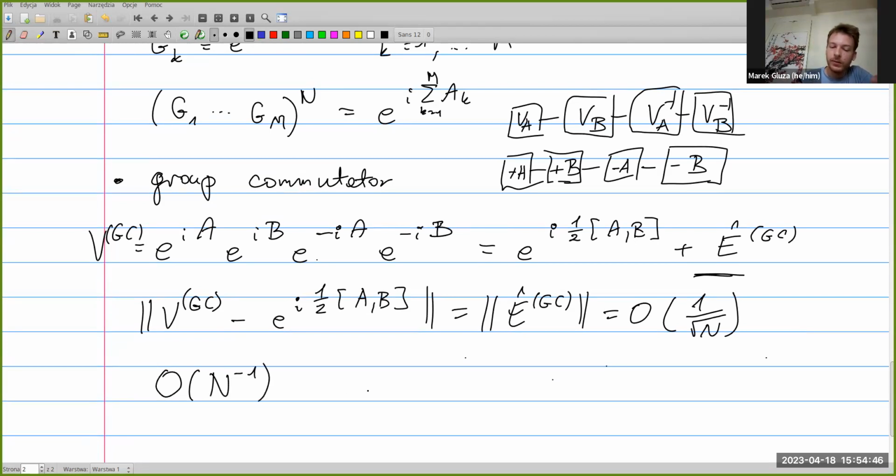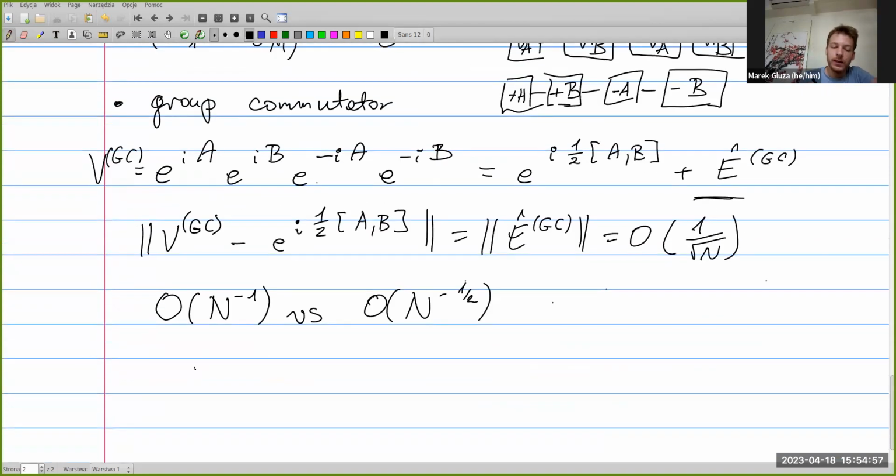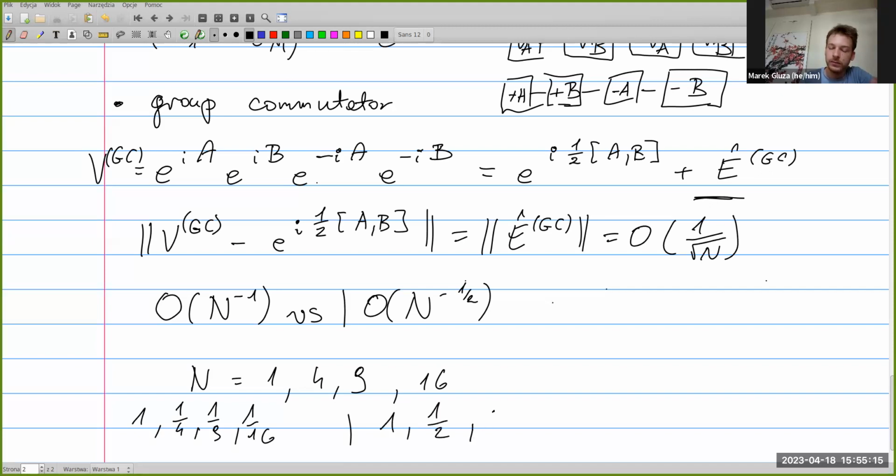So if I have O(1 over n) versus O(n to the minus 1/2), which one is slower? Yeah. So if n is 1, 4, 9, 16, then here I have 1, 1 over 4, 1 over 9, 1 over 16. And here I will have 1, 1/2, 1/3, 1/4.